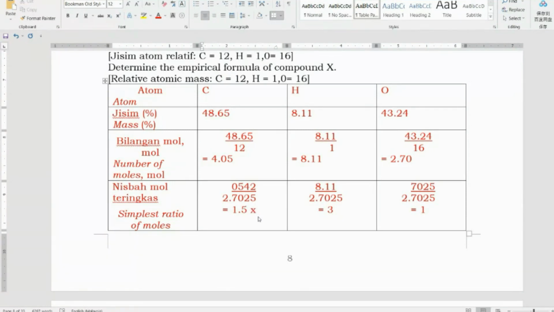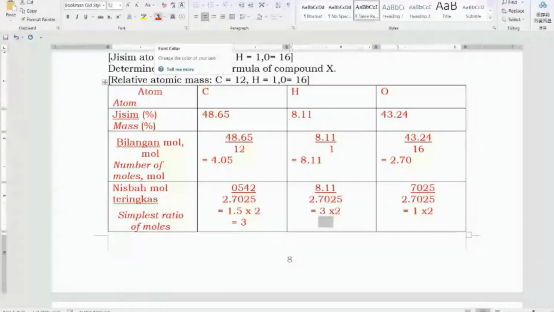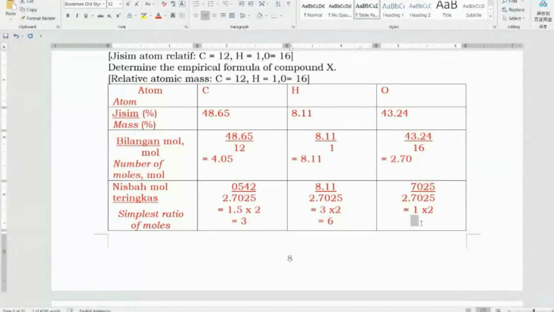So this one times 2, you get 3. But here you times 2, meaning that all you have to times 2. This one also need to times 2. So you get 6. This one you get 2.